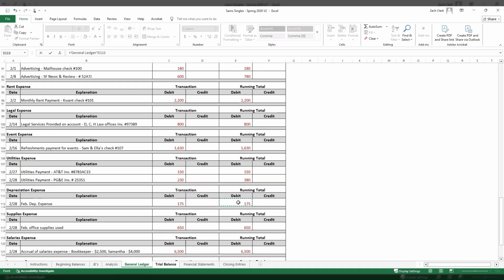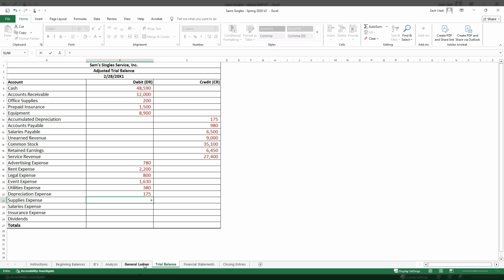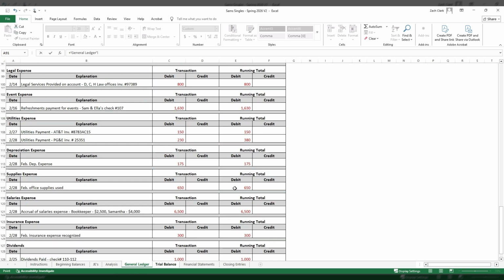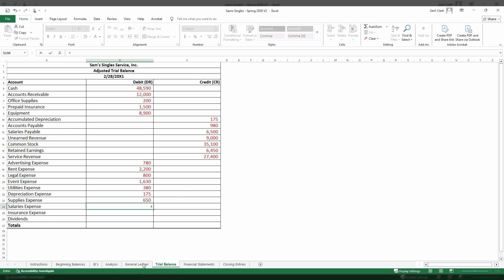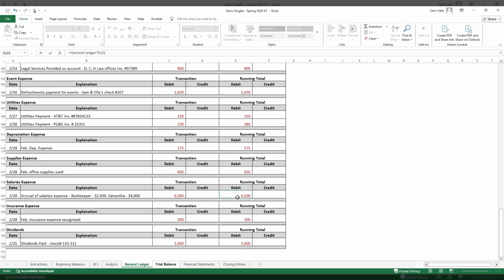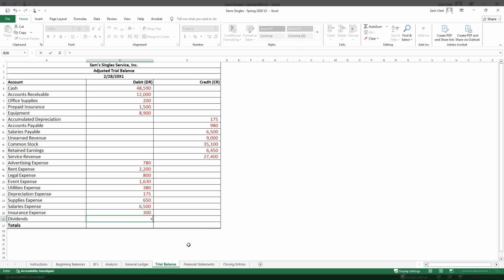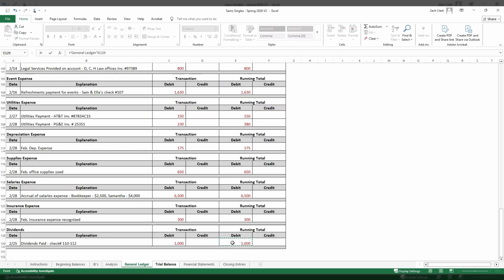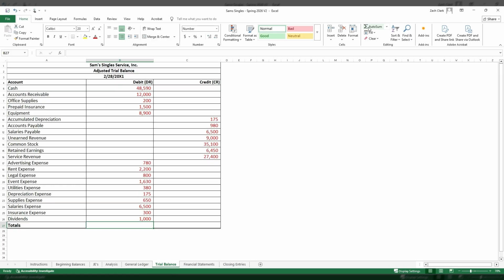A little bit of a tedious process, but we're getting close. Salaries expense, insurance expense, and dividends.